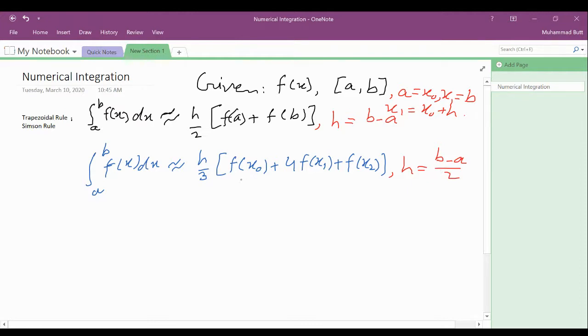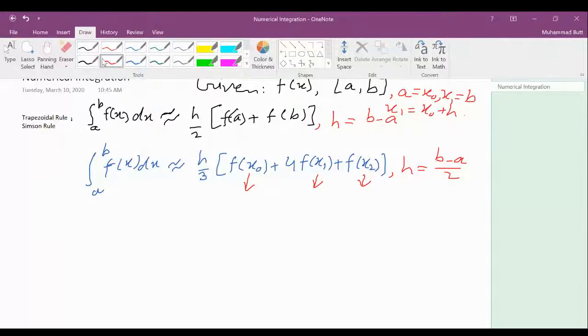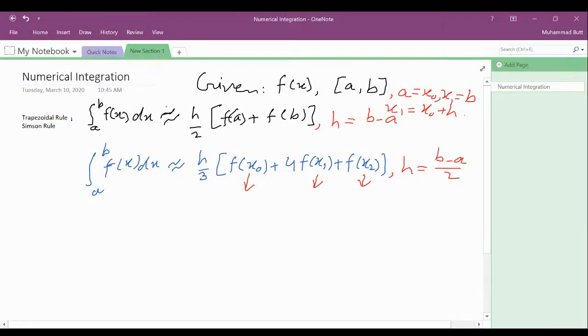Now we will see what f of x naught, f of x1 and f of x2 are. To do this I will use another color. This is nothing but f of a, this is f of x naught plus h, and this is f of b.